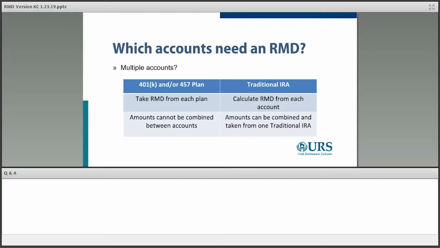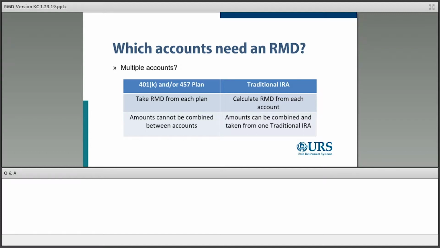Of these three accounts that folks have with us here at Utah Retirement Systems, the traditional IRA that you see on the right-hand side is a little bit different. With the traditional IRA, many people will have 3 or 4 or even 5 different traditional IRA accounts. They could have one here at URS, but perhaps another one at a bank or a credit union or a mutual fund or insurance company.